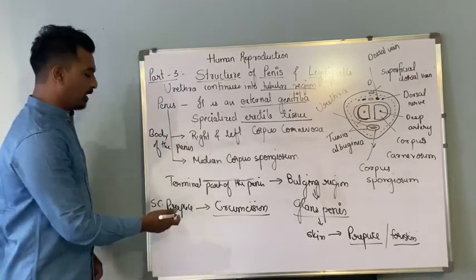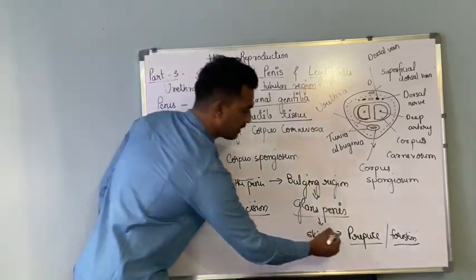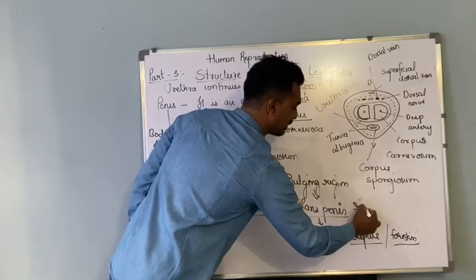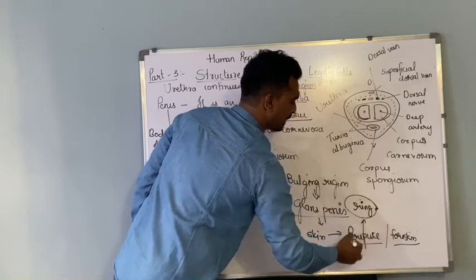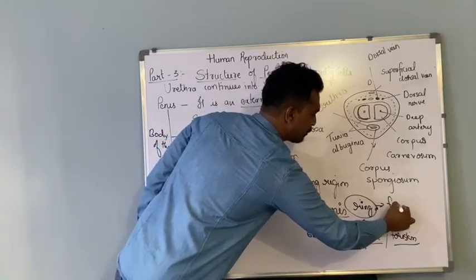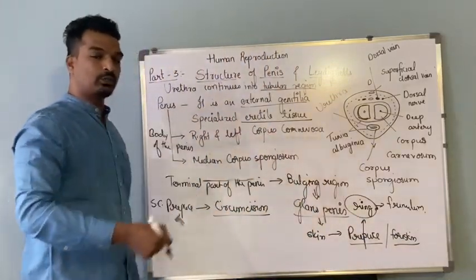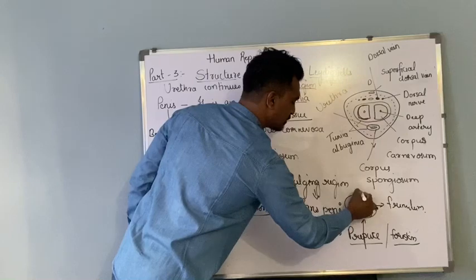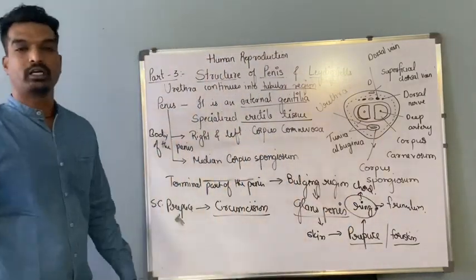The prepuce, or foreskin, is attached forming a ring, and that is called the frenulum prepuce. So there is an elastic, ring-shaped cord called the frenulum.